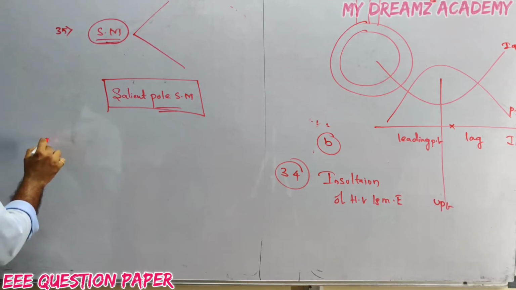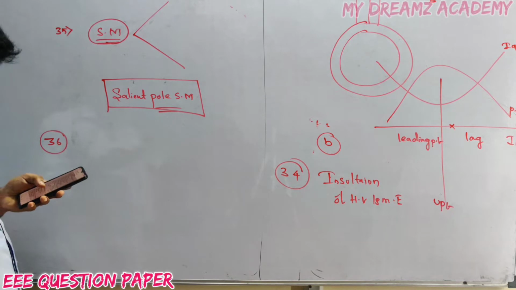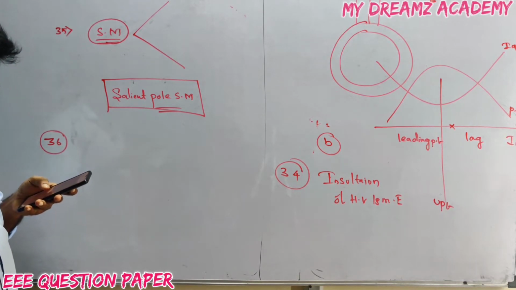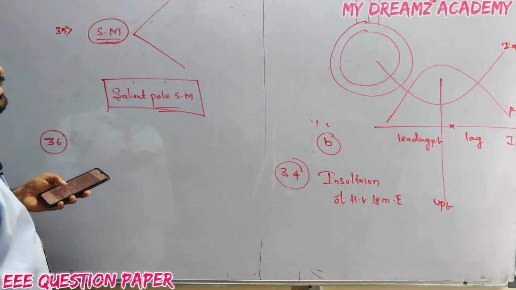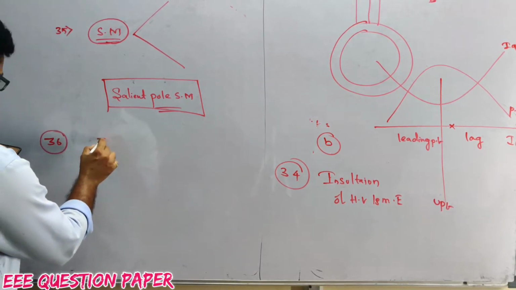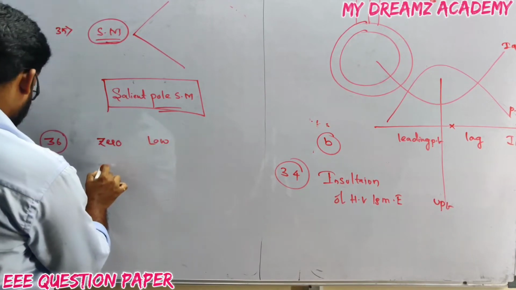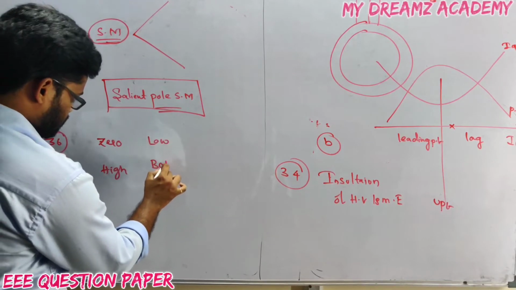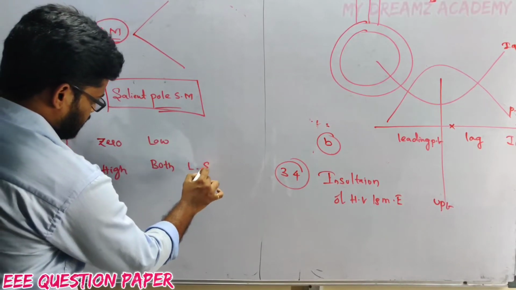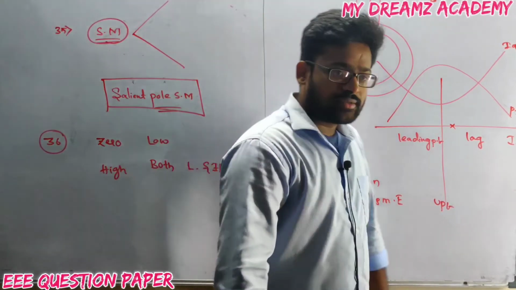Next one, question number 36. In a synchronous motor, the armature current has high value when excitation is: 0, low, high, both low and high. You observe this V and inverted V curves.